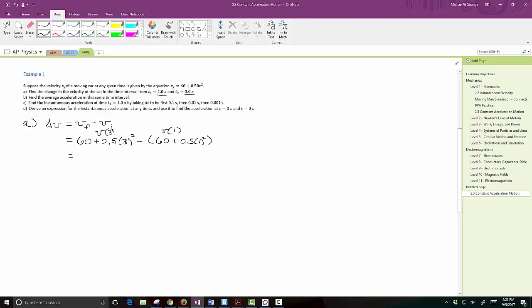So 3 squared is 9, half of that is 4.5, so we get 64.5. 1 squared is 1, so minus 60.5. Subtracting those, I get a change in velocity of 4 meters per second. All right. So that's from 1 to 3 seconds.